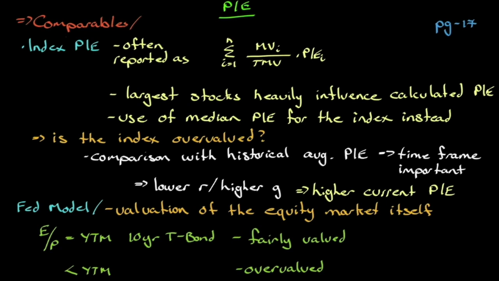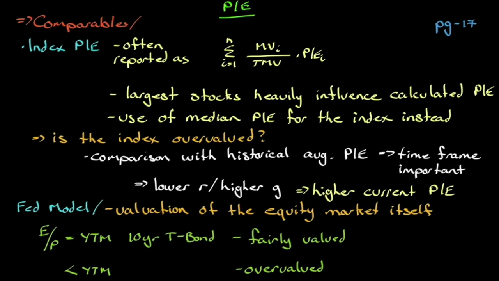The easiest, simplest, and probably the wrong way to do it is to take all 500 PEs, add them up, and divide by 500, or however many constituents are in the index. You'd get a mean PE. Not really the best way to do it, because you might have in that index a number of companies with negative earnings that might have a negative PE, or companies with very low earnings that might have PEs that make no sense at all.